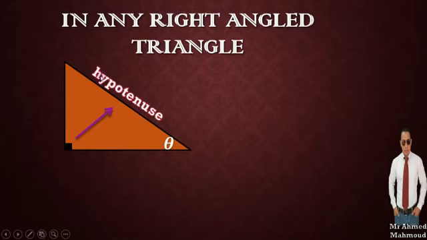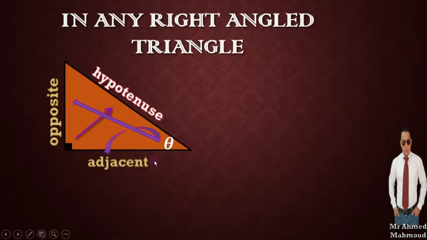Beside theta we have the hypotenuse. The side here is called the opposite to this angle theta. Look at this side, which is called the opposite side. Here beside theta there is another side called the adjacent side.